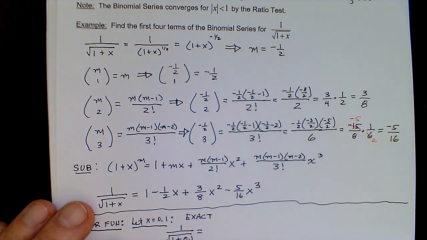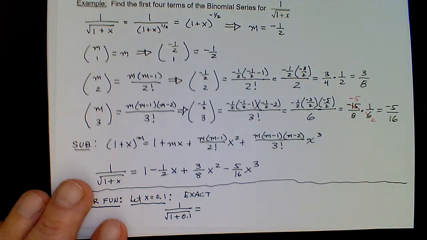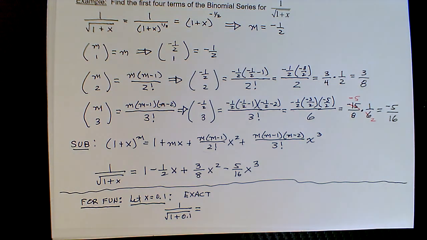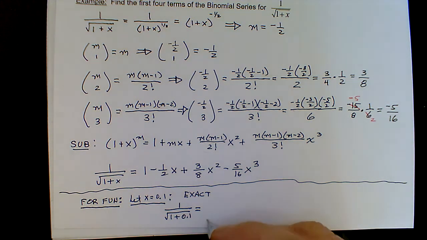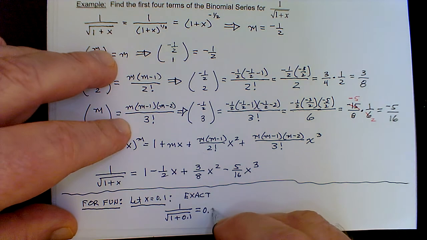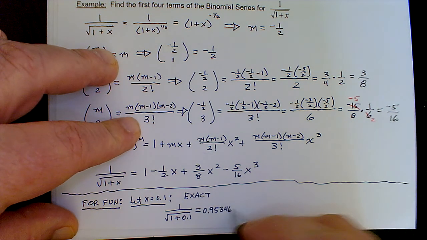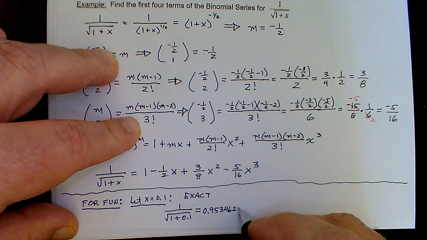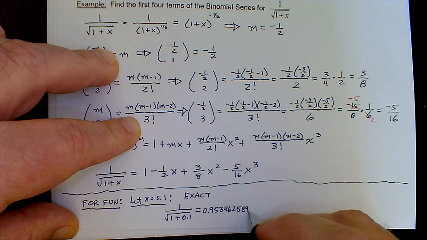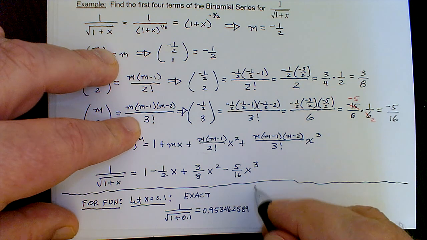So let me grab a calculator and do that, because that's our function. So 1 divided by the square root of 1.1, basically. Okay, so we get 0.953462589. That's what my calculator shows.